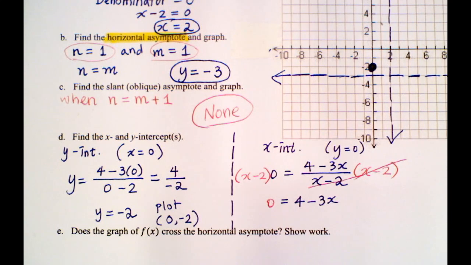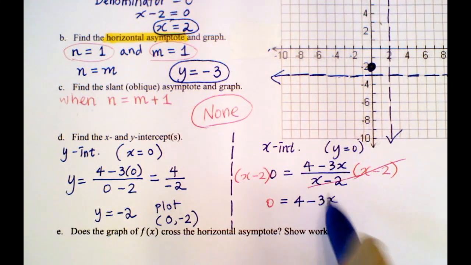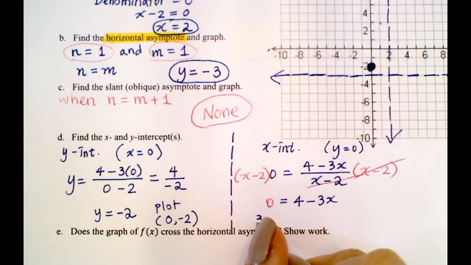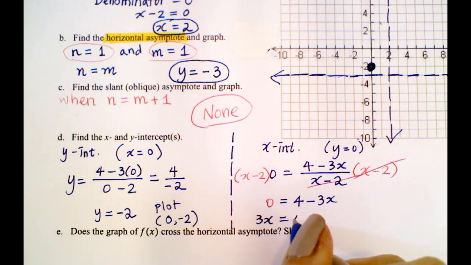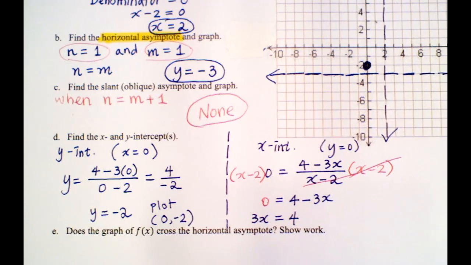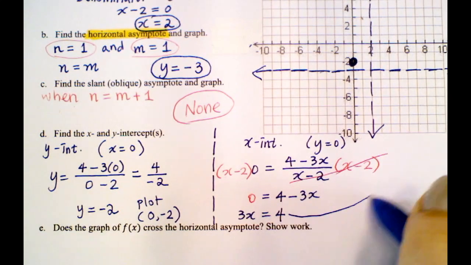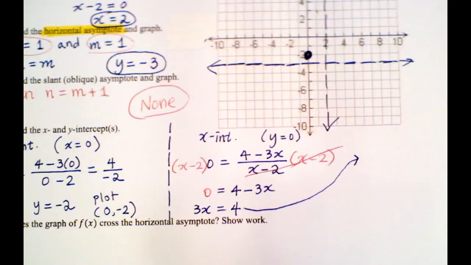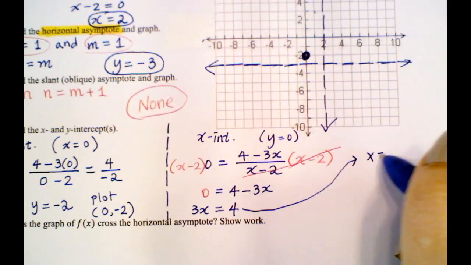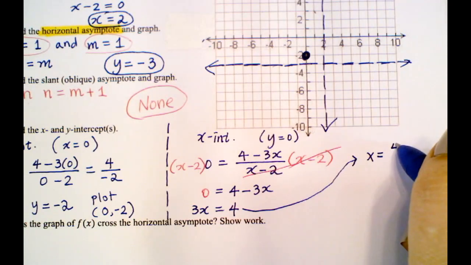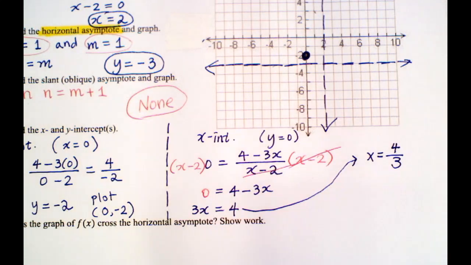Okay, let's solve this for x. I'll just add 3x to both sides. I will get 3x equals 4. If I divide both sides by 3, the x-intercept is at 4 over 3. All right.